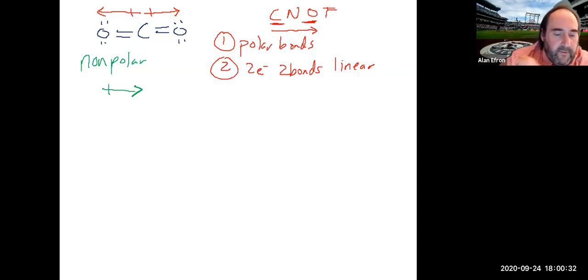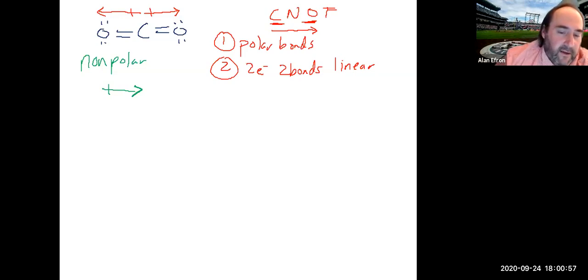When things are pointing in equal and opposite directions, or heading straight at each other in equal strength, they essentially cancel each other out. So because this CO2 is linear, our dipoles are pulling equal and opposite, and they actually cancel each other out.